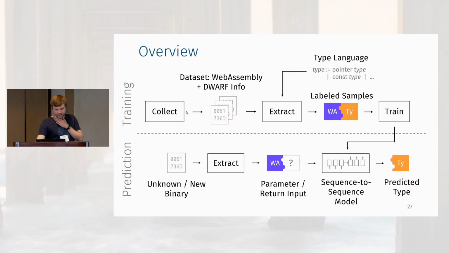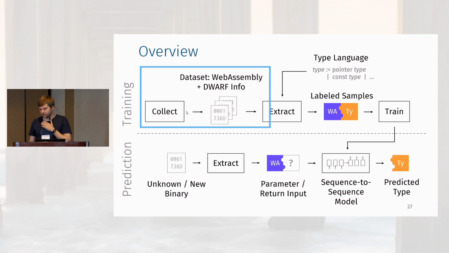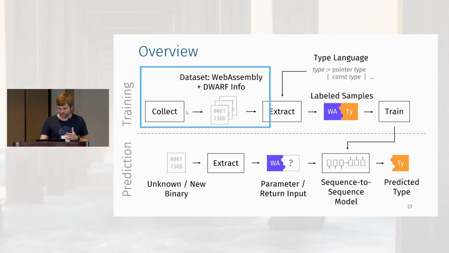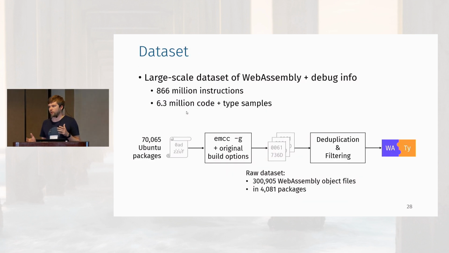Okay. Now, I mentioned to you that one kind of contribution is to have a large-scale data set, and that's necessary because if you want to train a large neural model, you need to have a large data set. And there didn't exist one for WebAssembly that included debugging information. So one thing that we did is we took all 70,000 Ubuntu packages, compiled them with debugging info, but including all the original optimizations of the packages to WebAssembly bytecode, did a bunch of deduplication and filtering to make sure that things don't leak into the test set, so we don't have inflated results.